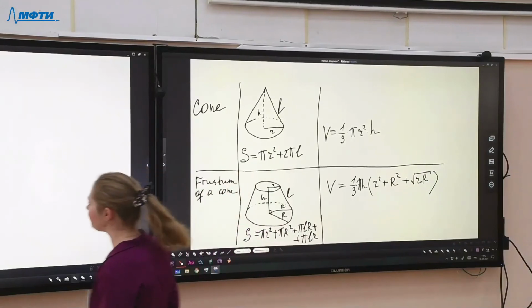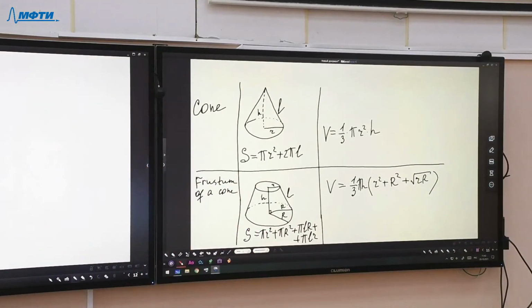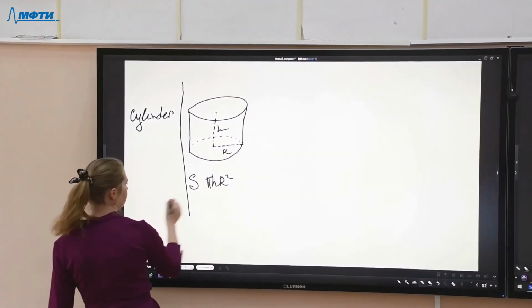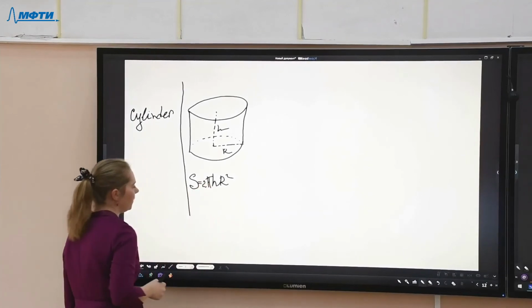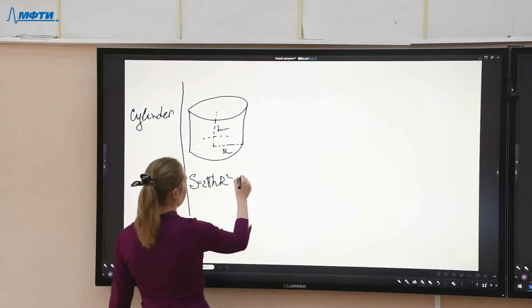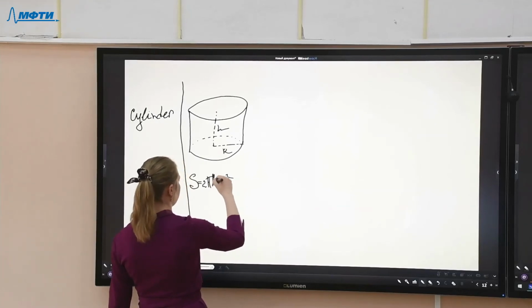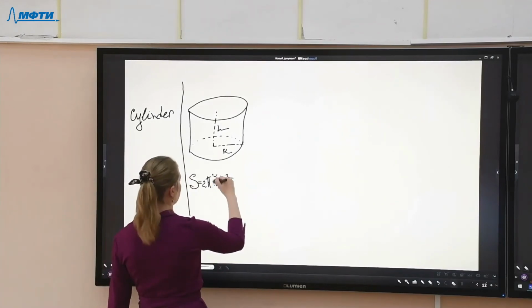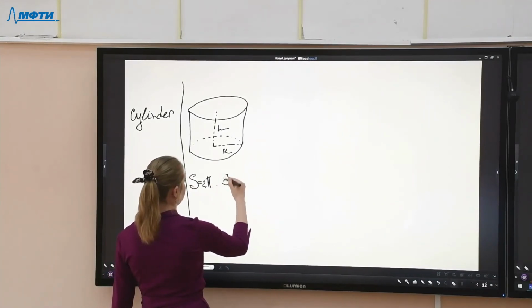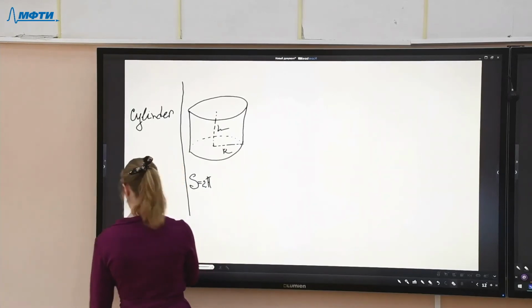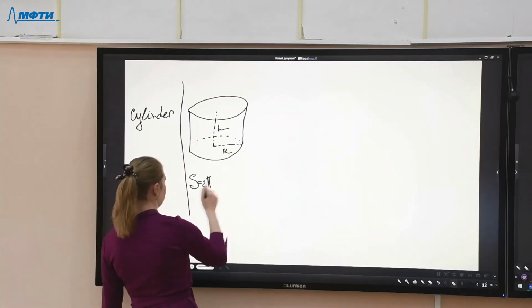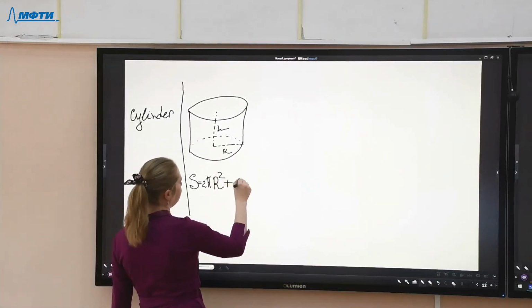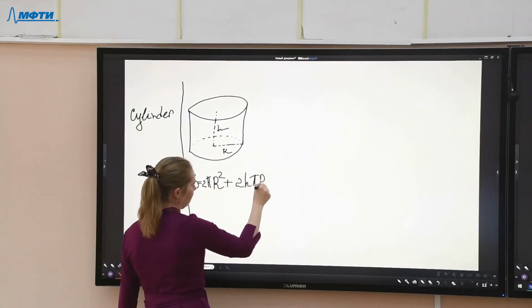Here we have, okay, 2 pi r times r squared plus 2 h pi r.